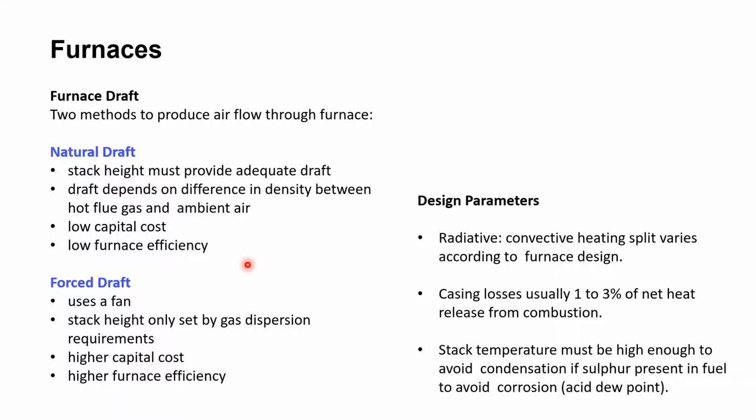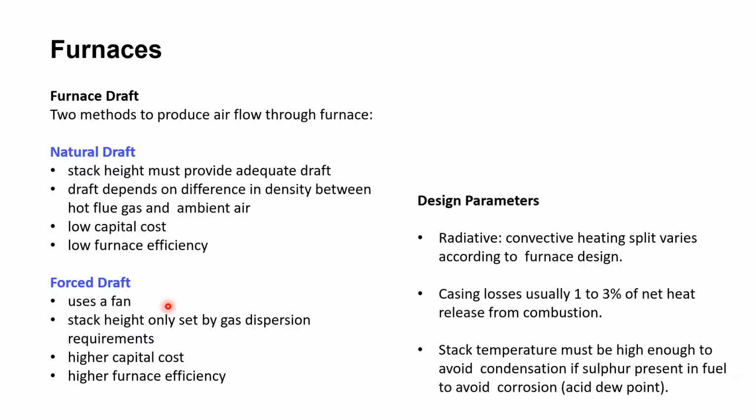Another type of furnace draft is the forced draft. A forced draft furnace uses a fan to force air into the combustion chamber. It can also use a fan to pull the flue gas out of the stack.